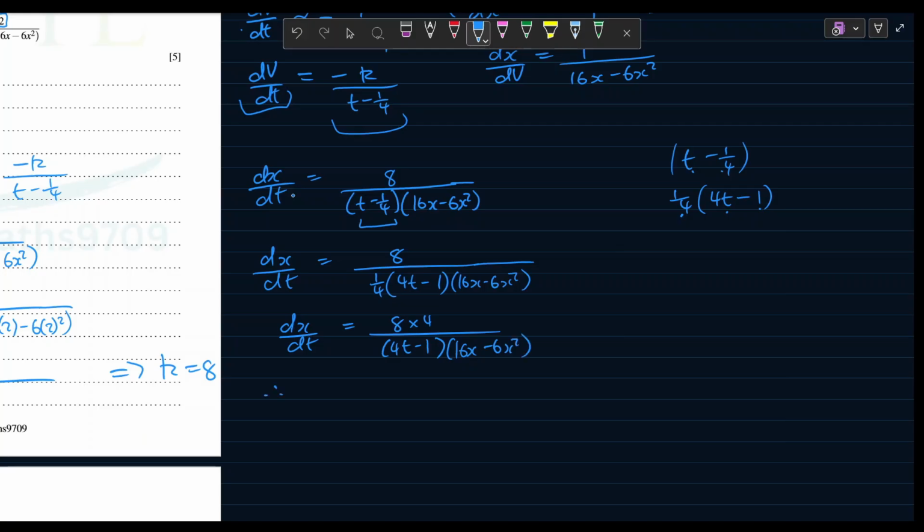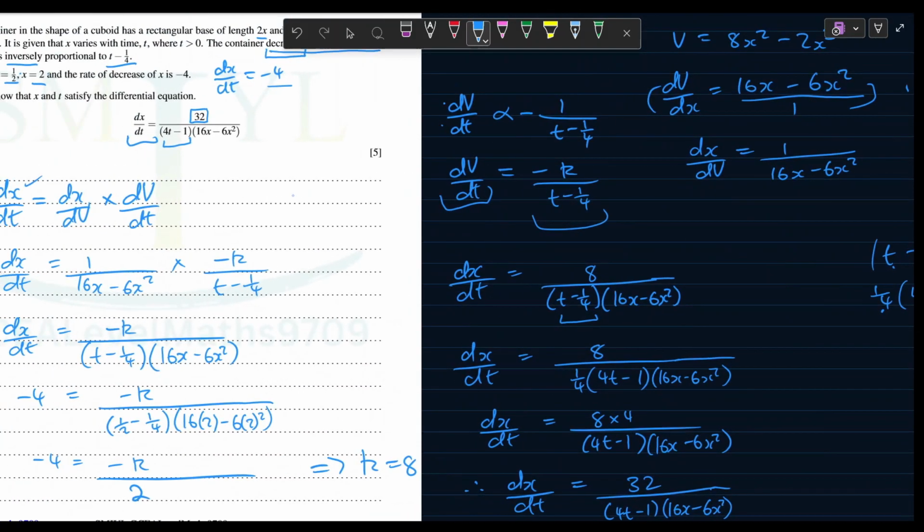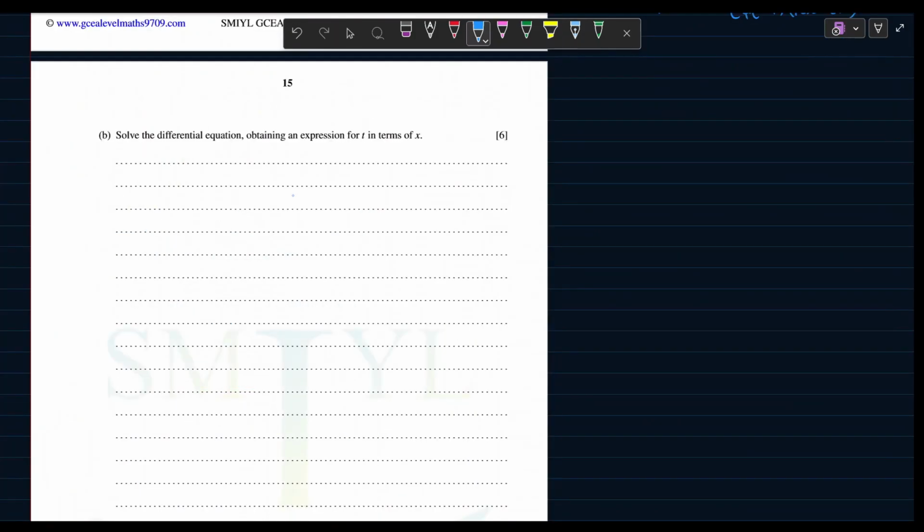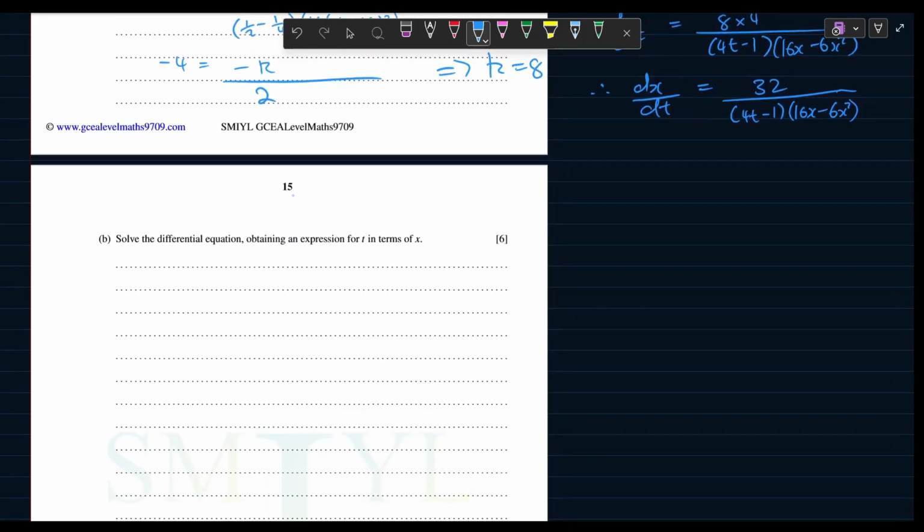And so therefore dx/dt is equal to 32 over 4t minus 1 times 16x minus 6x squared. And this is going to be our final answer. It matches exactly what they are looking for. Part B then says solve the differential equation obtaining an expression for t in terms of x.